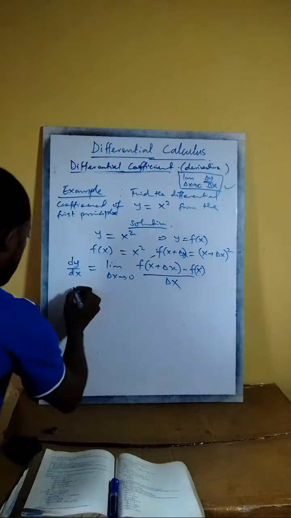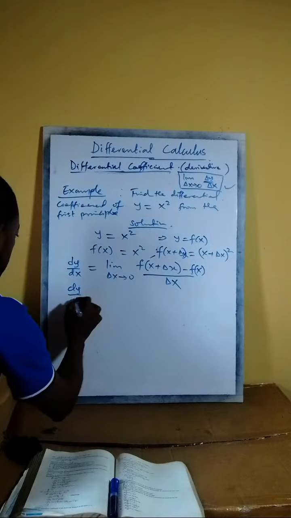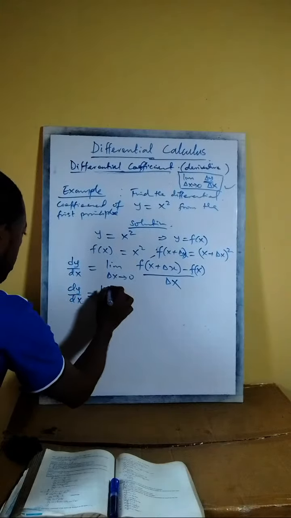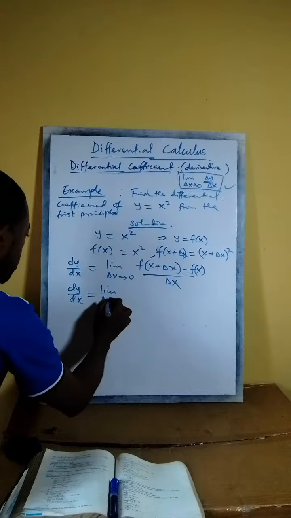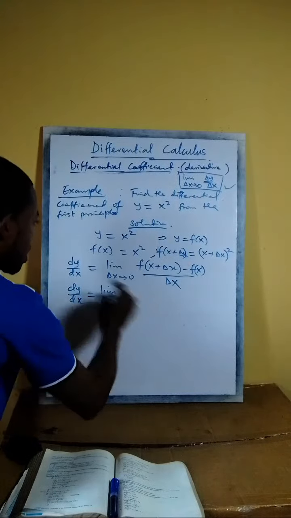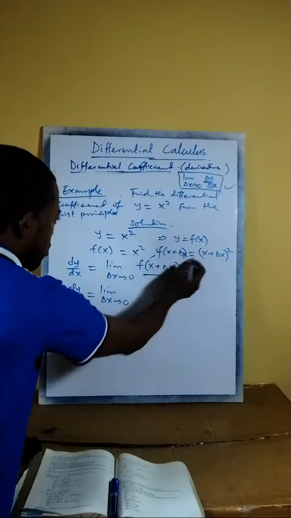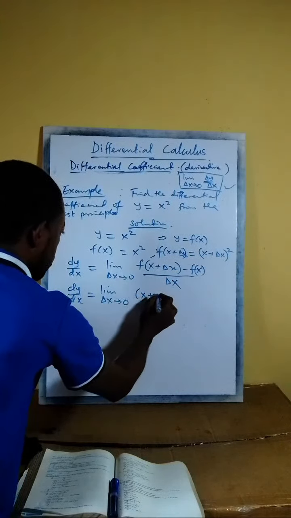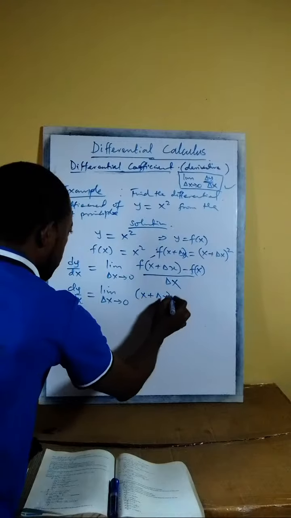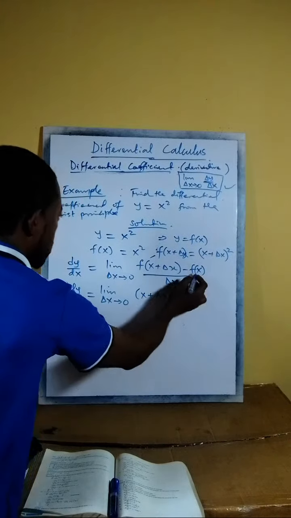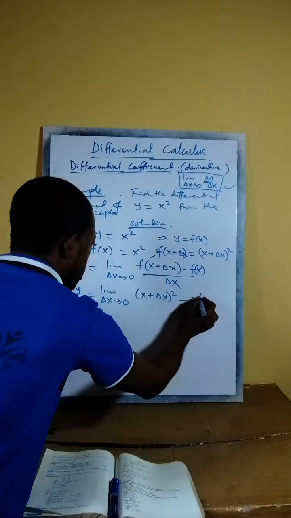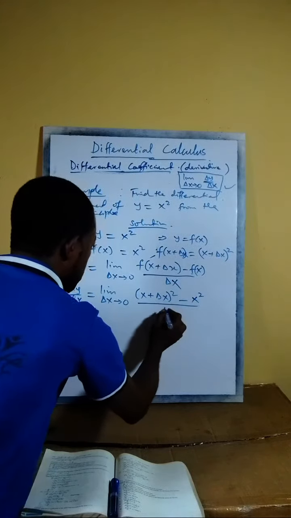Then that means dy/dx becomes the limit as delta x tends to 0 of f of x plus delta x, which is now x plus delta x squared, then minus f of x, which is x squared, then over delta x.